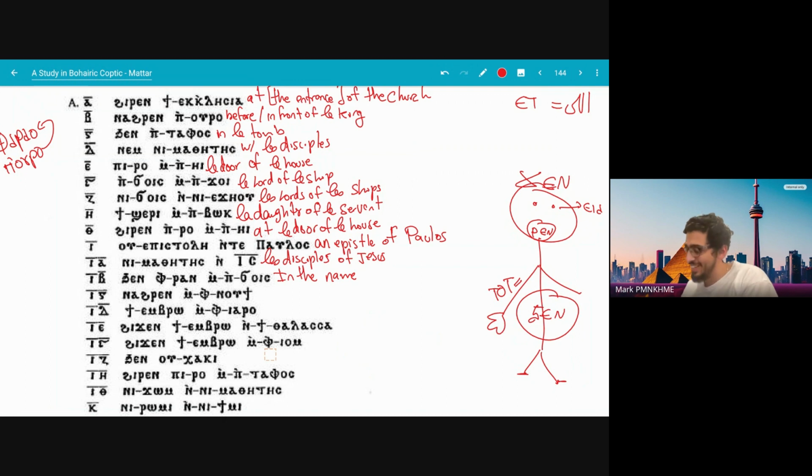Okay, no worries. So we said chen is in, f is the, ron is name, m is just the same way you would say n, but when it's followed by what's called a labial sound, basically a sound that you make with your lips, like a p, you can't say np.